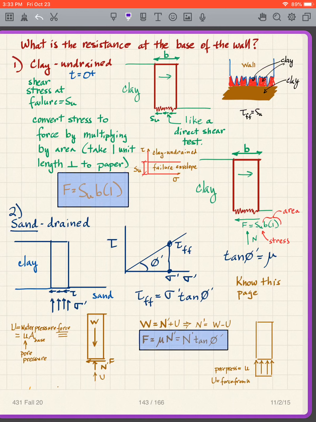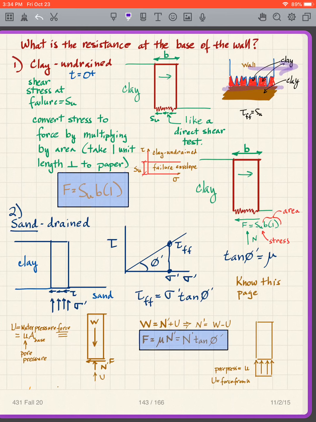If I have a very jagged edge, which means very rough, then I'm going to have clay in these little voids between the jags, and I'm going to have clay down below. So you can see that when the wall moves in that direction, when it slides, what's happening?